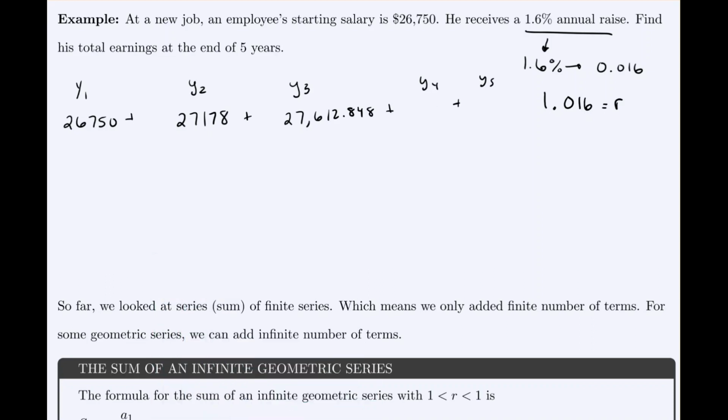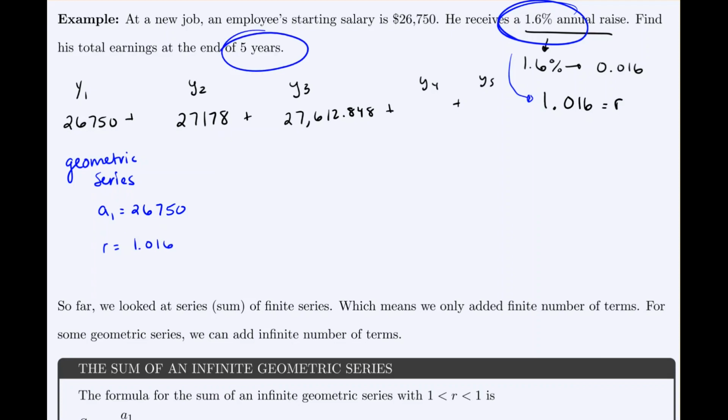Another way to do this problem is to recognize that this is a geometric series, because we have the same idea. Constant percentage growth is the same as constant multiple growth, and we talked through how you find that constant multiple, where the first term is given to us, and we can find the common ratio.